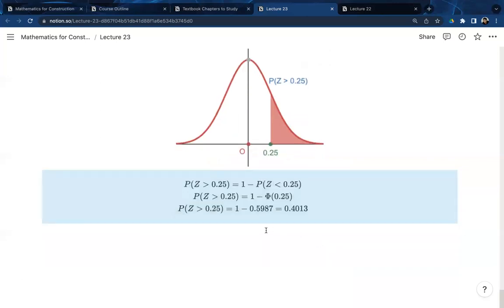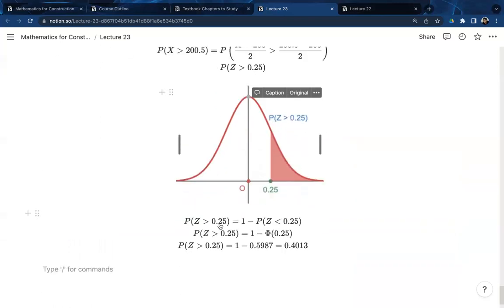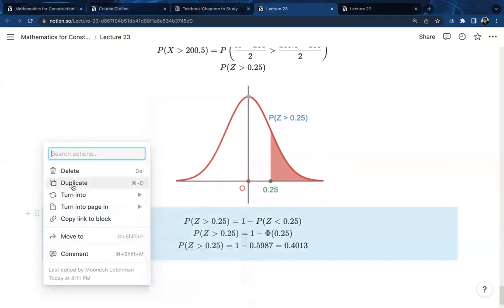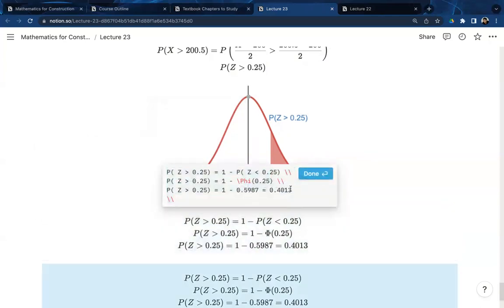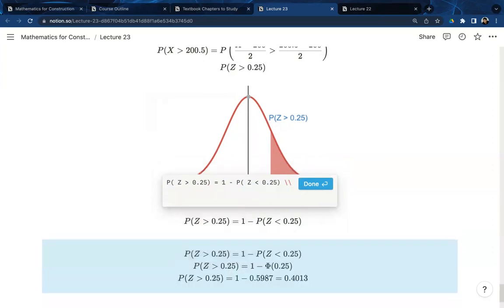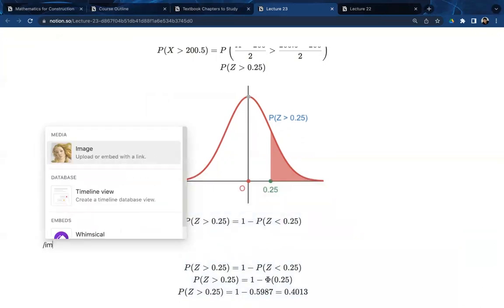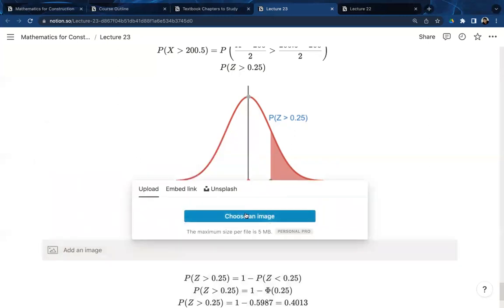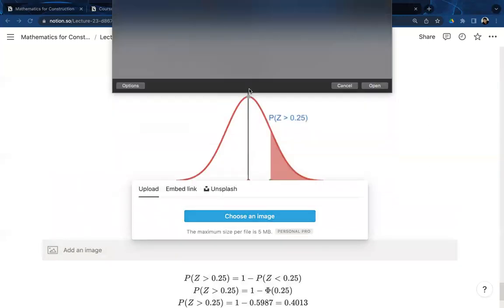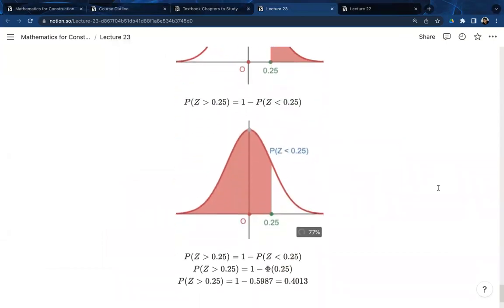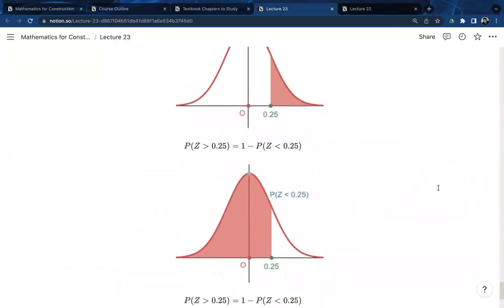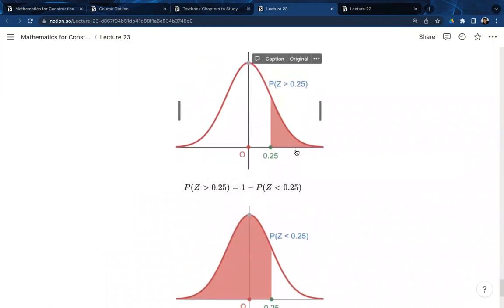And we could back that up with a diagram as well. Let me duplicate this and put a diagram here. The probability of Z less than 0.25. If you notice here, the pink area here is 1 minus the pink area down here.